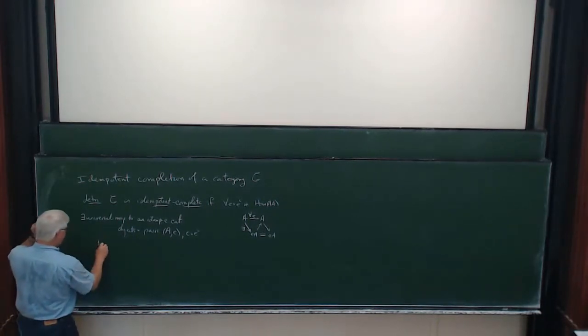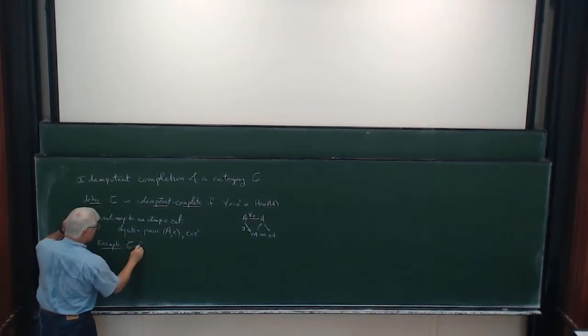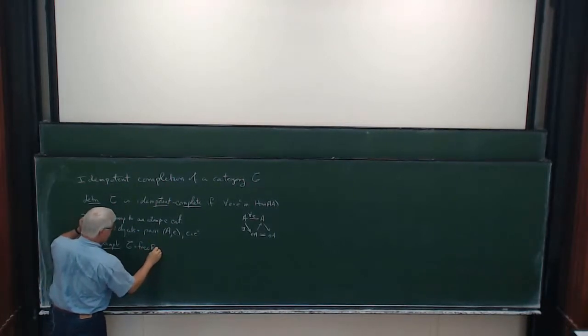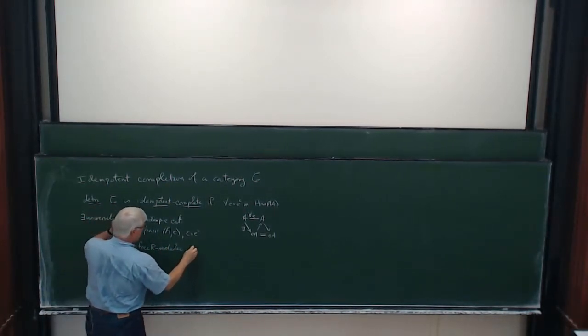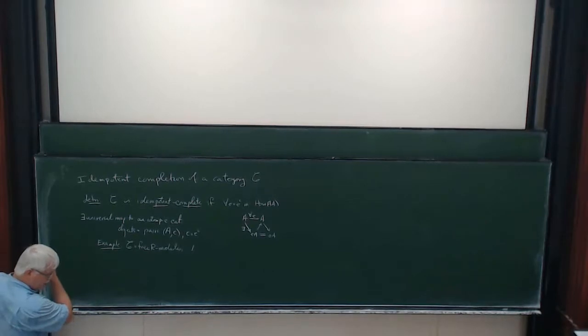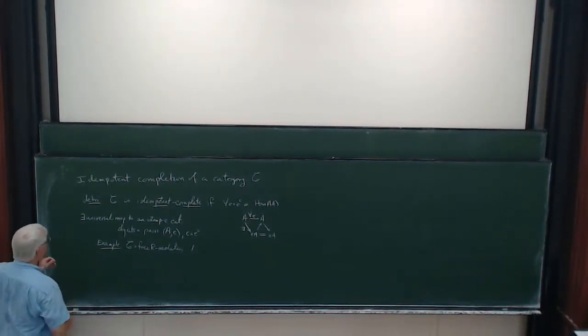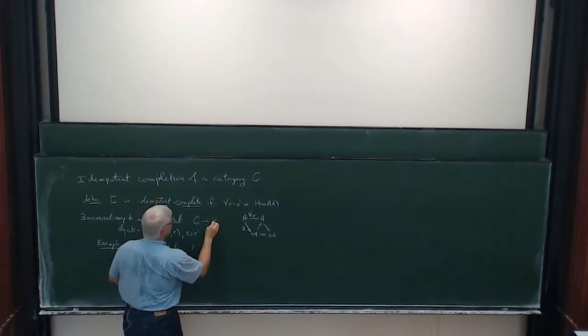And the standard example that everybody uses is if C is equal to free R-modules. I'm going to want a name for this idempotent completion, so we'll call this C goes to C hat.